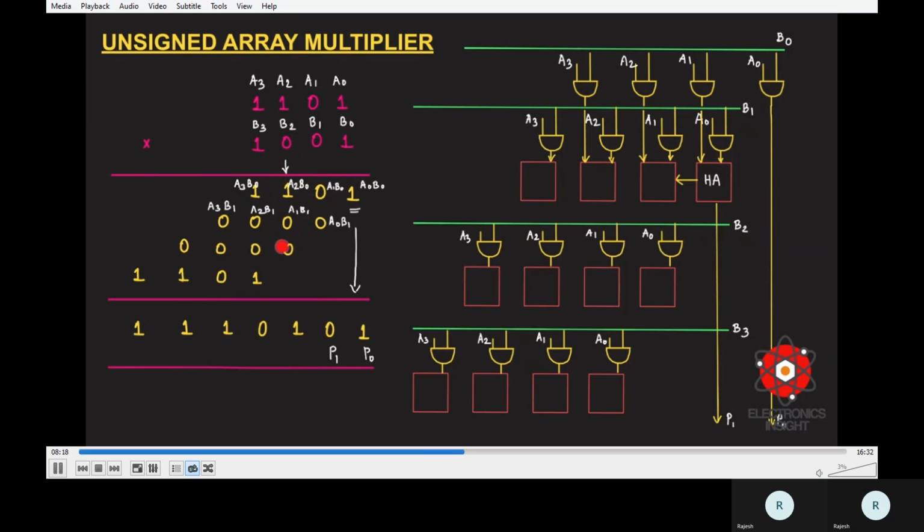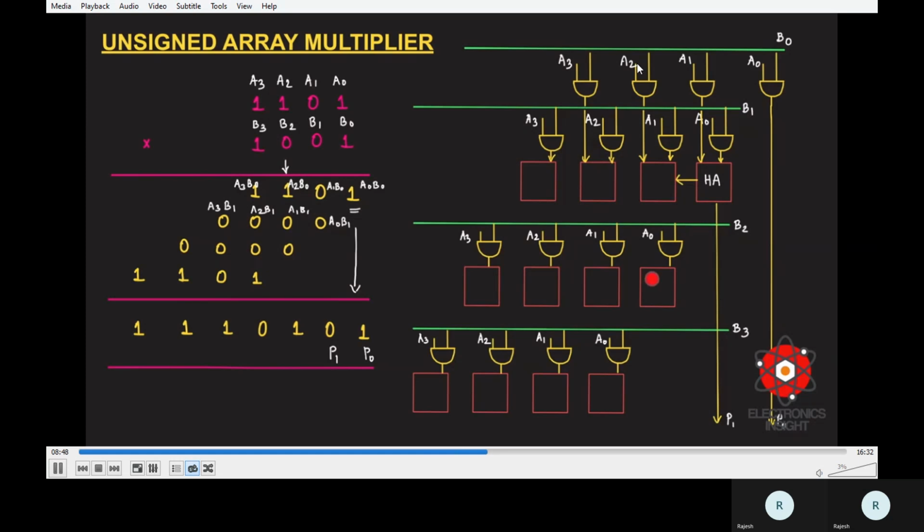You can see in the rightmost diagram, from the half adder we are representing one yellow line. It tells that the sum of A1 B0 plus A0 B1 generates a carry that is sent to the next stage by this arrow mark, and this vertical output is sent to P1. P7 to P0 are the final product terms.